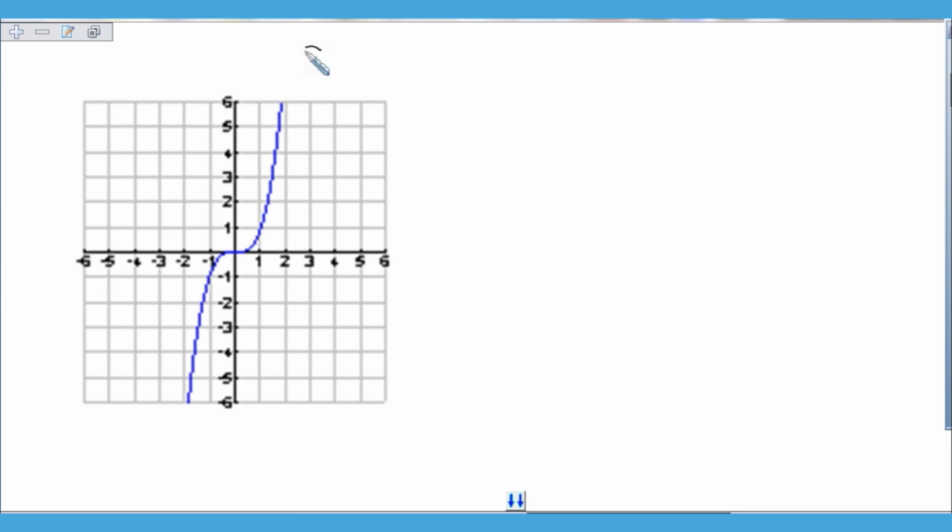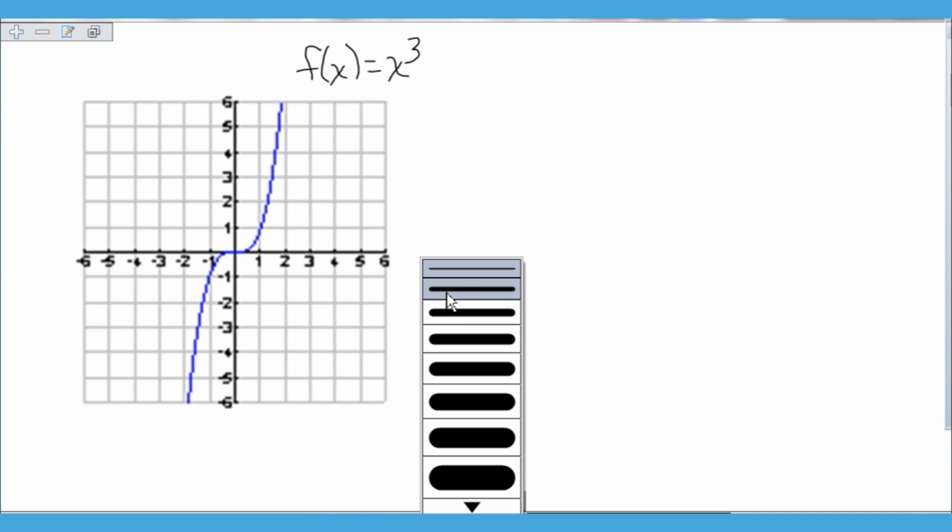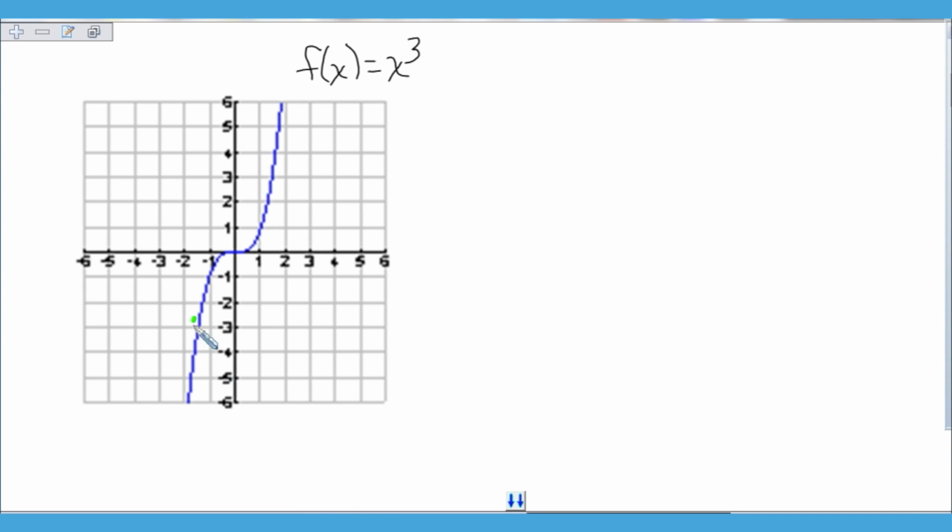This is x cubed, of course. Fun little x cubed. That's who he is. So, okay, this is probably not going to look real good, but we're going to try. I'm going to do green, a little thicker so it's easier to see. So, here's the slope. I'm trying to draw lines that skim the graph at points.